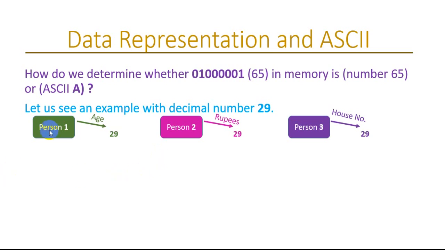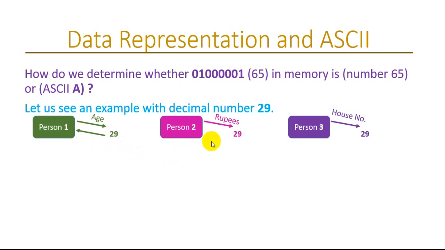Now this person, who has written 29, is reading it. When he reads it, he knows it's the age, because he is the one who wrote it. He didn't say age or anything, he just wrote 29, but he knows he has written the age. So when he reads it, he will read it as age.